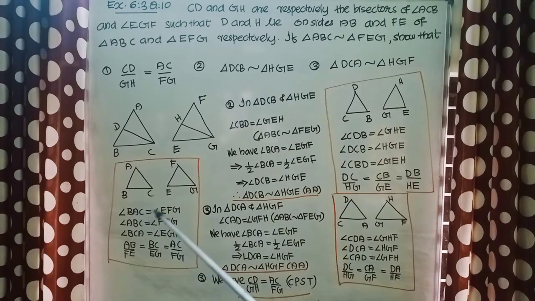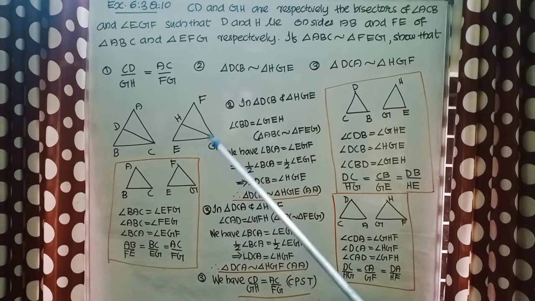So BAC equal to EFG is the same as CAD equal to GFH, both are angle A and angle F. So we can take that condition. In triangle DCA and triangle HGF, angle CAD equal to angle GFH. The reason is triangle ABC is similar to triangle FEG.